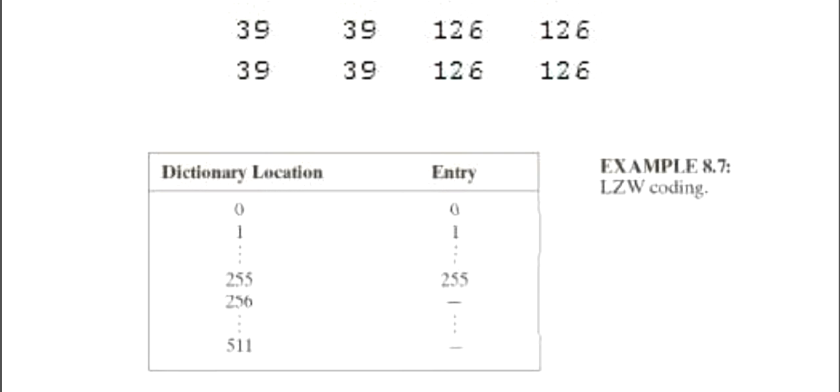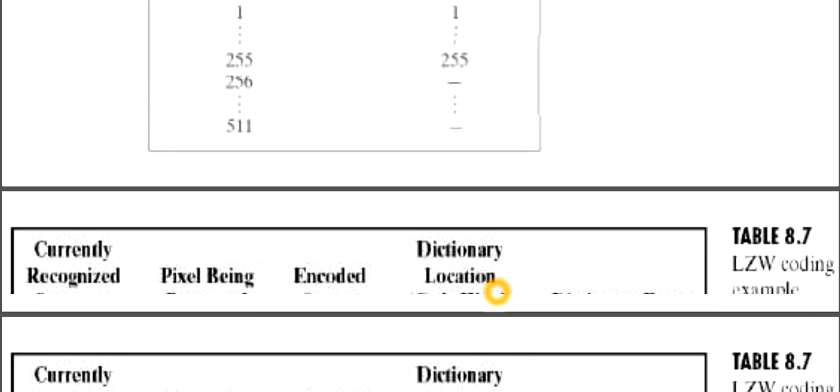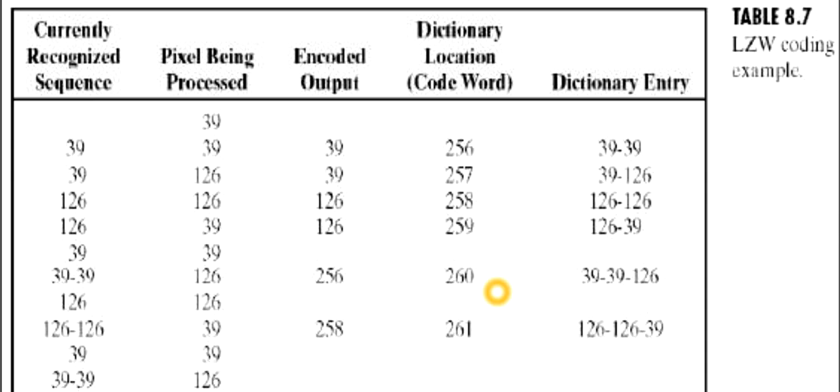For some location, we have some entry. You see the currently recognized sequence, then the pixel being processed, encoded output, dictionary location, then dictionary entry.